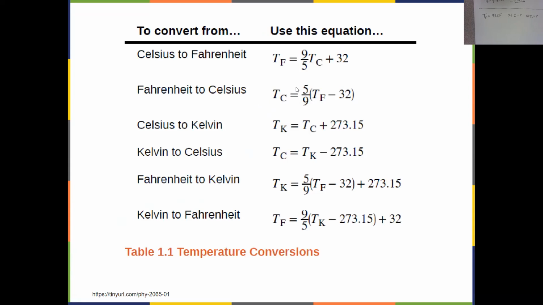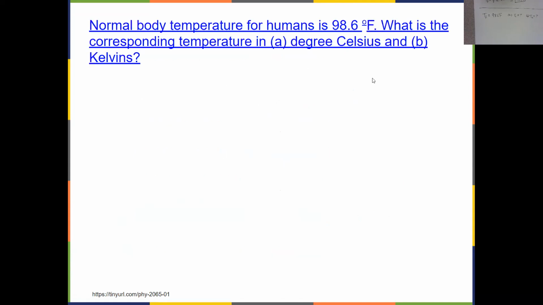For part A, because you're given T_F, you're looking for T_C. And then once you have that T_C, you can use this one. I will not go through the solution here, but I'll just give you the final answers for these 2. It's a pretty easy practice for you to do.